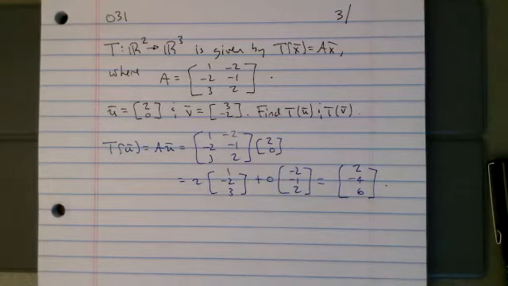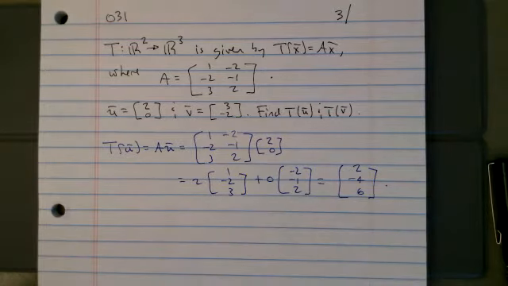Find the image of U under T. We just use matrix multiplication, and we're thinking of matrix multiplication as making a linear combination of the columns of A using the entries in U as weights.